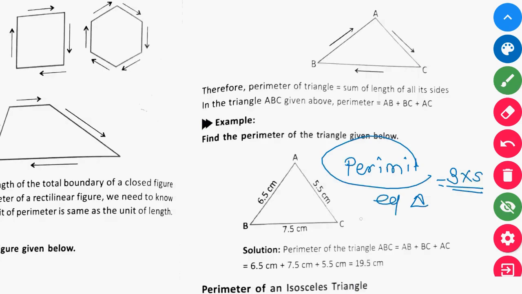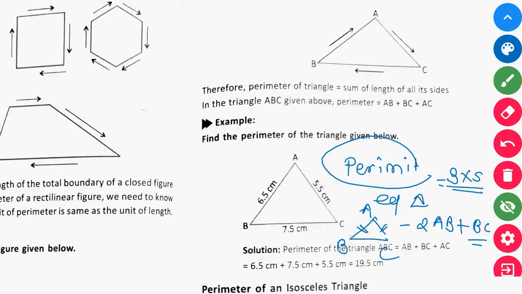While considering the isosceles triangle, which has two identical sides, suppose this is ABC, one isosceles triangle. So what we do to calculate its perimeter, we multiply one of the equal sides by 2 and add the remaining unequal side.